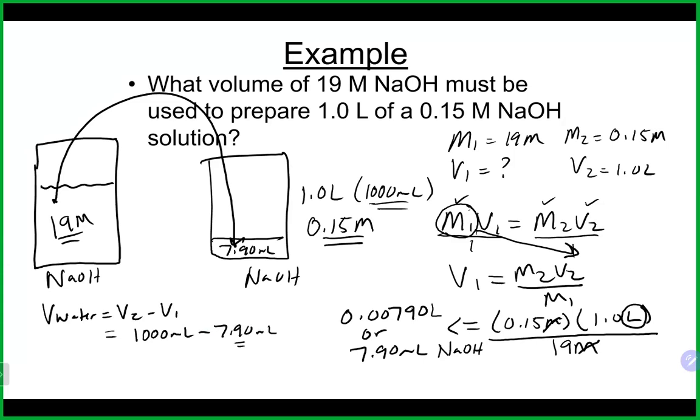So if we take 1,000 minus 7.9, we need to put in about 992.1 milliliters of water. That plus the 7.9 I already put in there will give me the total volume I'm looking for, which is 1,000 milliliters.